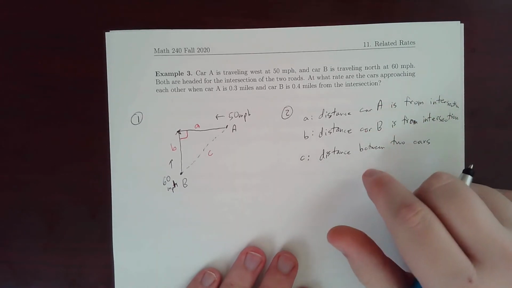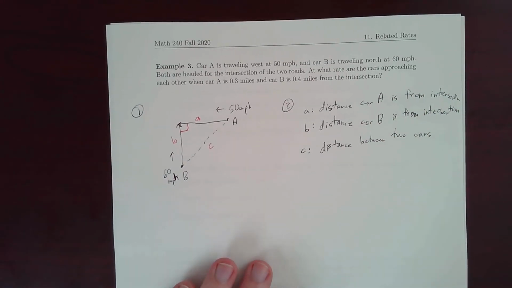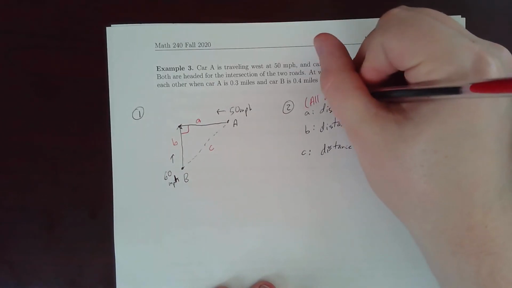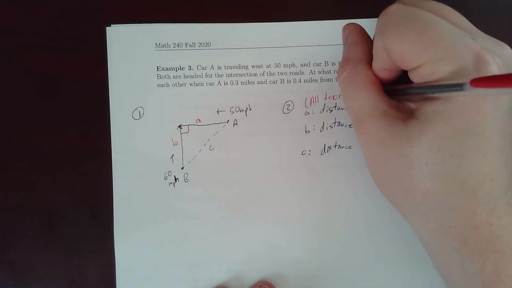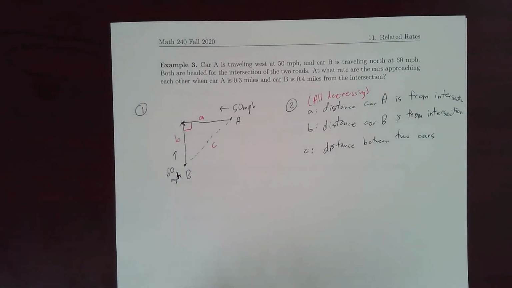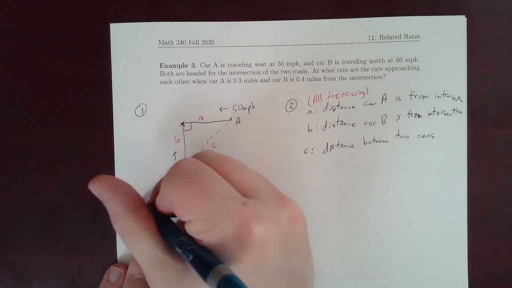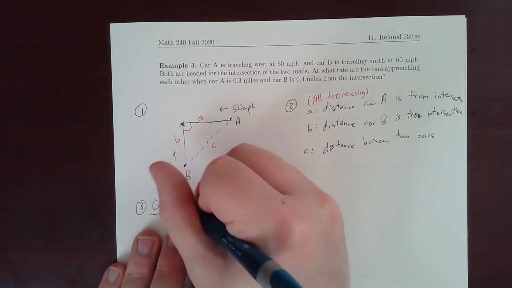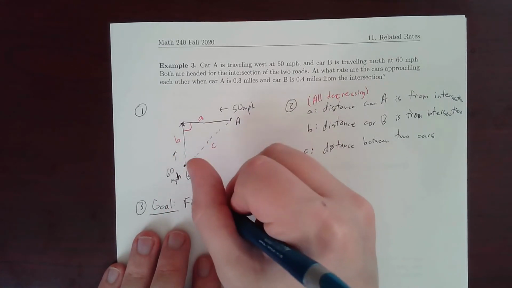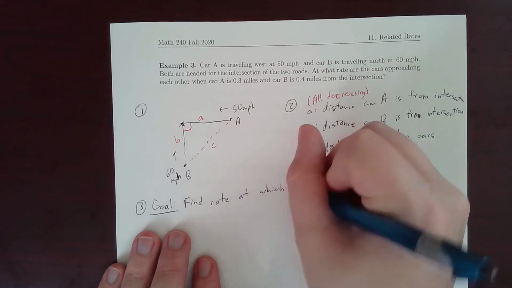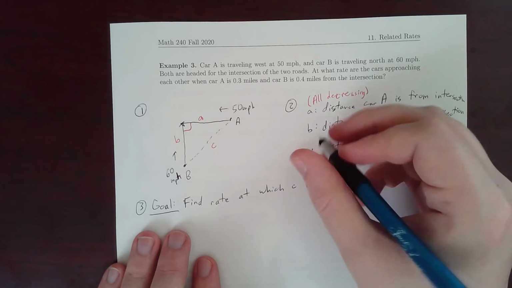Now note that all of these distances should be decreasing, because they're getting closer to where we're going. So our goal is to find the rate at which little c is changing.